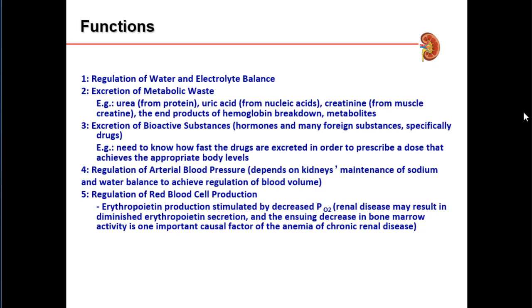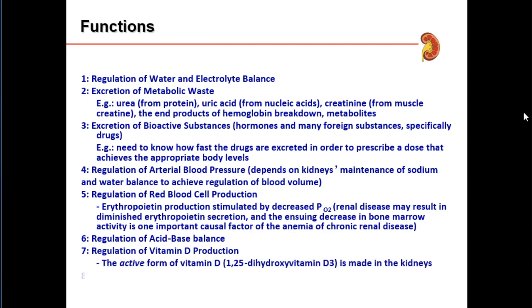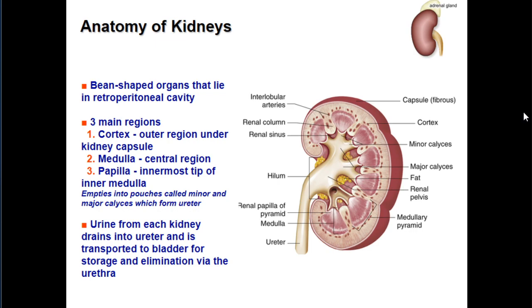And in kidney disease, there may be decreased erythropoietin secretion, which will decrease the production of RBCs by the bone marrow and might lead to anemia. Next functions: regulation of acid-base balance, regulation of vitamin D production, and gluconeogenesis.